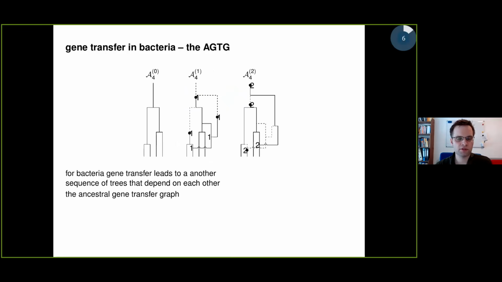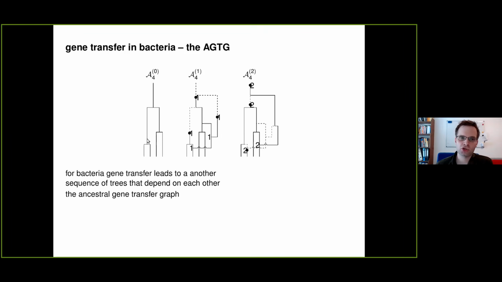And we've been able to look at the same process in bacteria. So in bacteria, usually you just have clonal reproduction, but from time to time, there's gene transfer between different individuals. And at that point, only a small fraction of the genome is exchanged between ancestors.